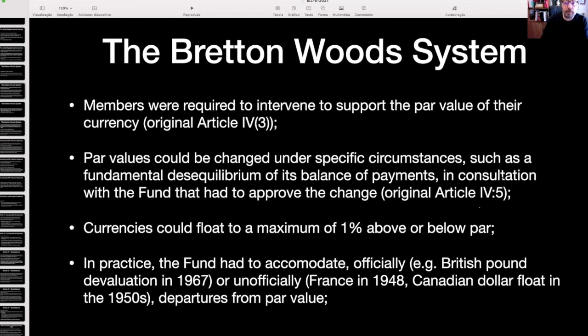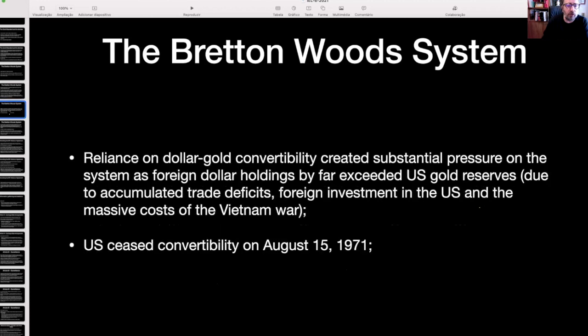Okay, so the problems that occurred in the system later on resulted from the fact that in order to sustain the system, it required the US to have trade deficits with other countries.